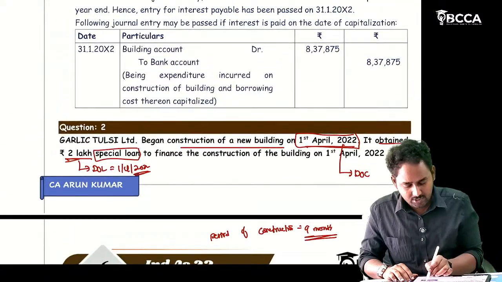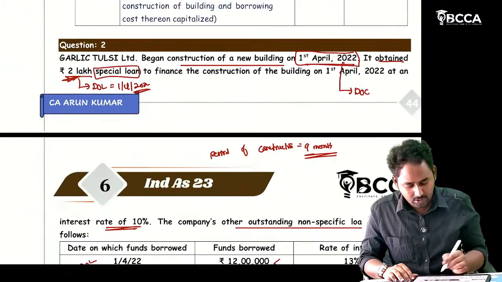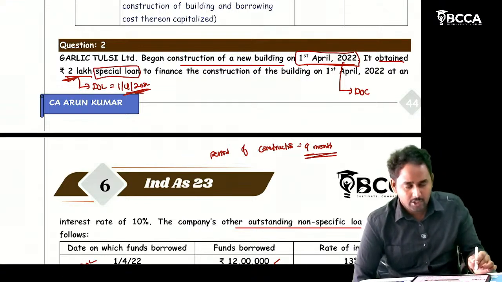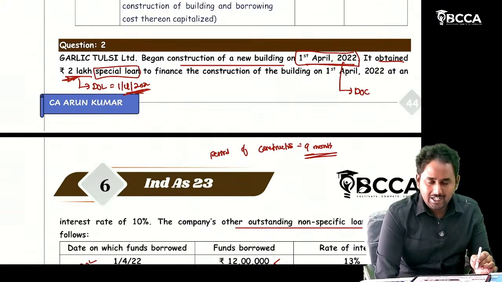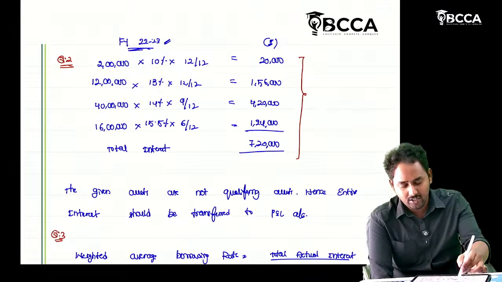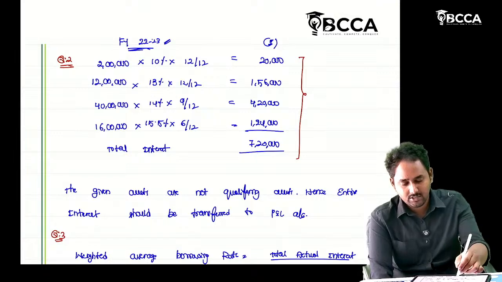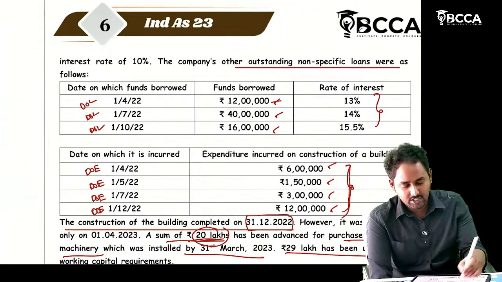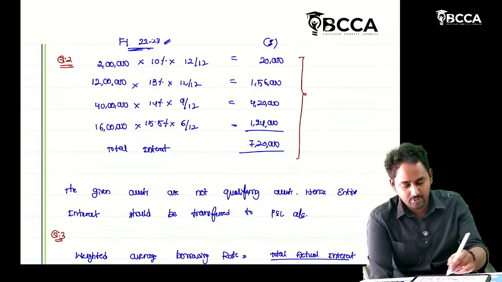So 2 lakh is the specific loan, taken on 1/4/2022, so I need to calculate the interest for 1 year. It has been outstanding for the entire year. Assume 2 lakh into 12%. Then for the remaining 12 months, it is 13%. For 40 lakh, 14%.